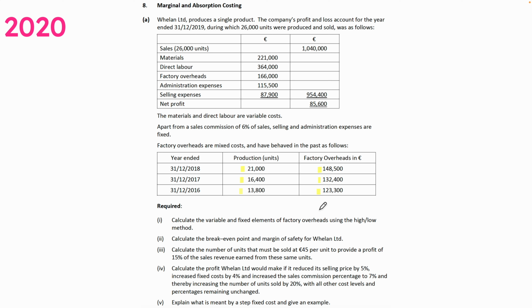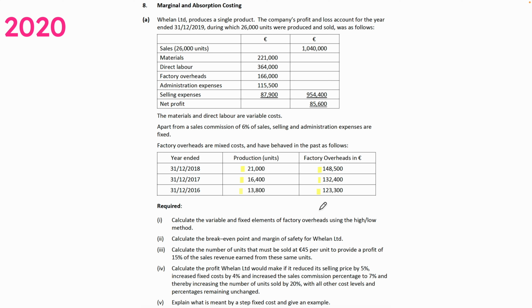So what is required? Part 1. Calculate the variable and fixed elements of factory overheads using the high-low method. Part 2. Calculate the break-even point and margin of safety for Whelan Limited. Part 3. Calculate the number of units that must be sold at €45 per unit to provide a profit of 15% of the sales revenue earned from these same units. Part 4.